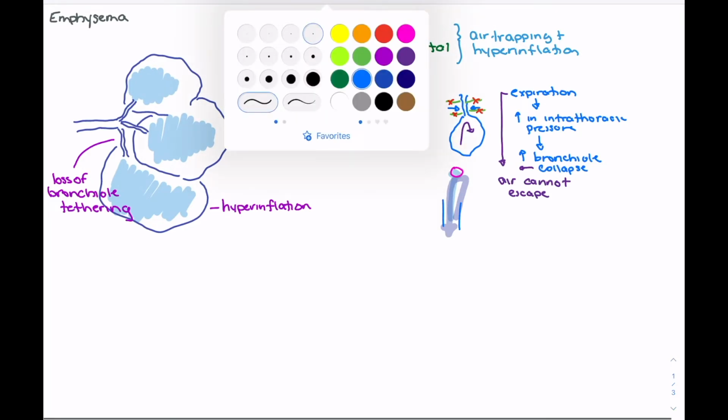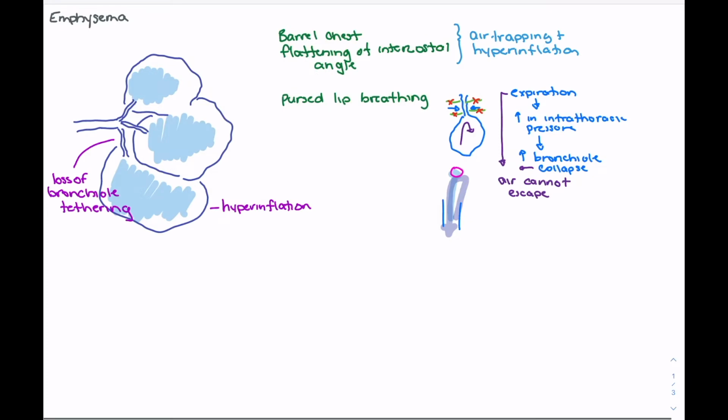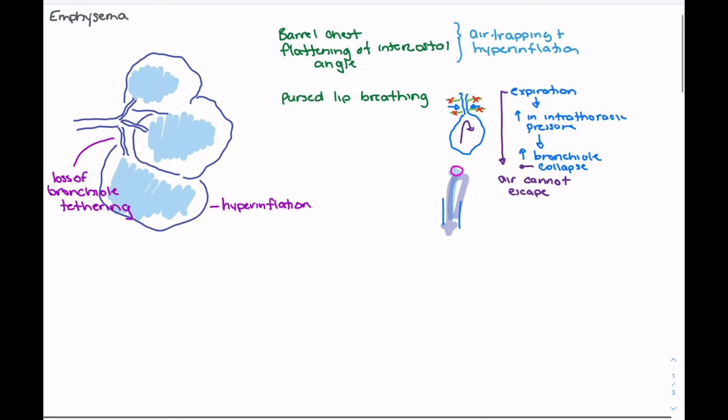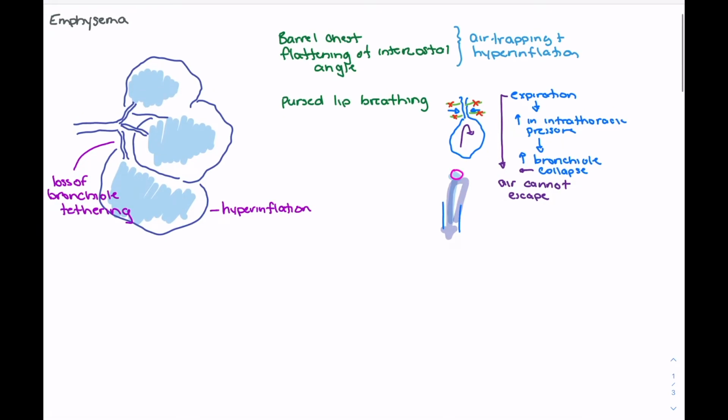So that air traveling backwards, or that pressure that's building behind the pursed lips, so picture pressure building behind. Same thing is happening if I'm using a garden hose and I put my finger over the opening of the garden hose. Pressure builds behind that because I'm blocking the exit. If you picture the cartoon version of this, I put my hand over it, and the hose expands. Well, picture that same pressure being applied to the alveoli.